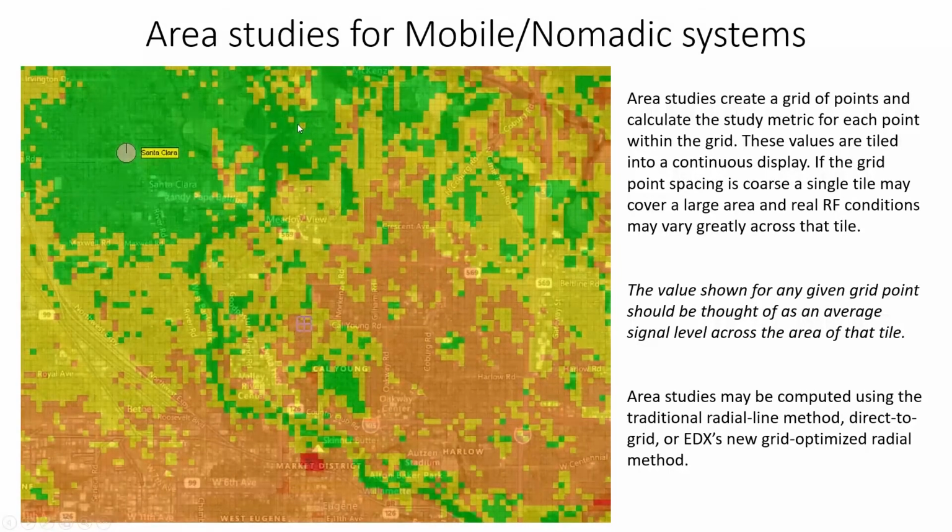And so that's an approximation of the coverage in every direction as we go away from the site. And then for every grid point within the area study grid, we're saying, okay, from those closest radial points, let me make an average for each little cell that's what we expect the average signal level to be across the entire space of that grid bin, or that pixel area that you see here in the grid results.